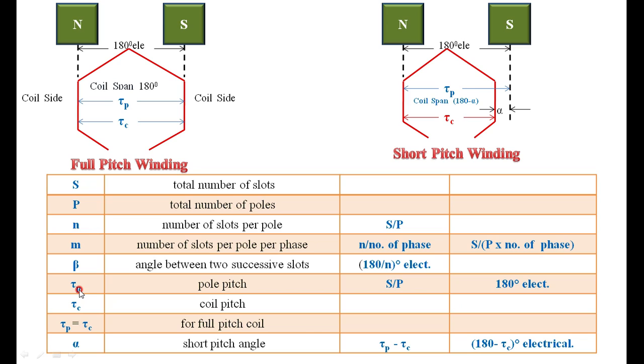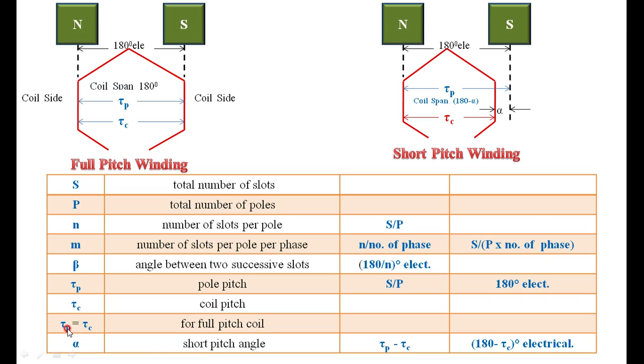I told you this is the pole pitch. The pole pitch is S by P, which is the number of slots per pole, and is equal to 180 degrees. The coil pitch is represented by tau c. If both coil pitch and pole pitch are equal, it is called full pitch.